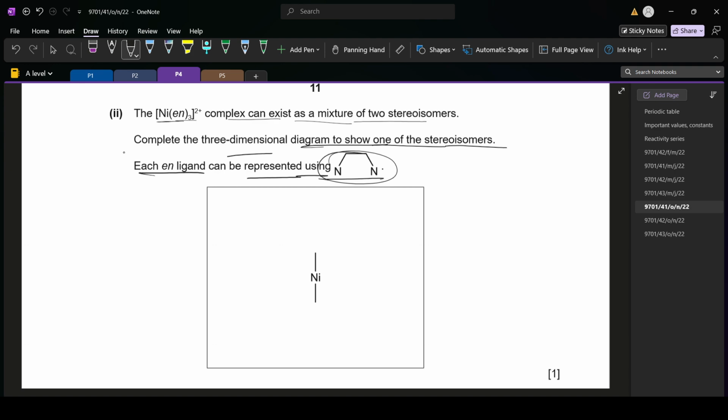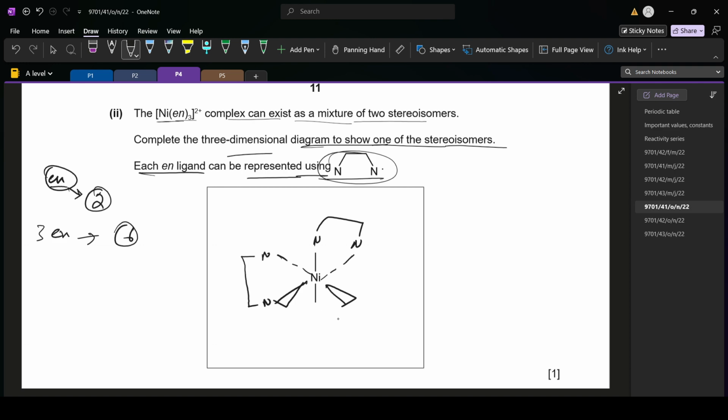This en is a bidentate ligand, so one molecule of en will form two dative bonds. There are three en ligands, so in total they will form six bonds. So the geometry will be octahedral. Like this, and you have to show each en with this symbol.